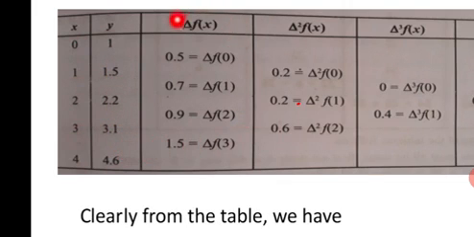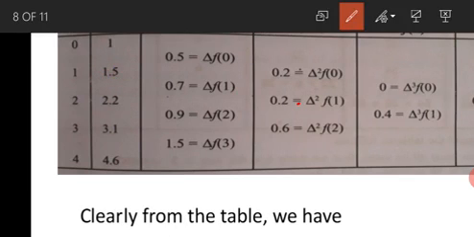Now we are going to find the first difference, the forward difference, delta of f of x, right? That is, 1.5 minus 1, the difference between these two, and these two, and these two, and these two.